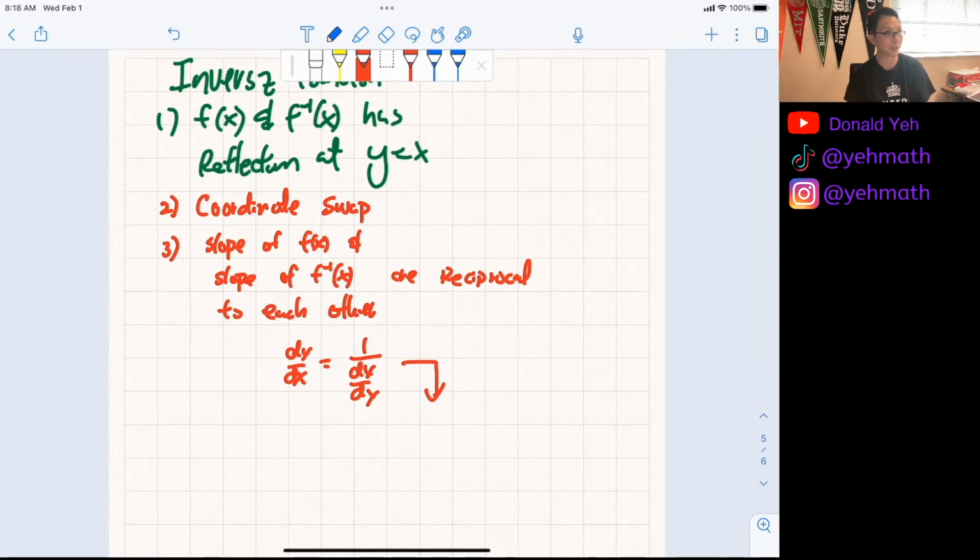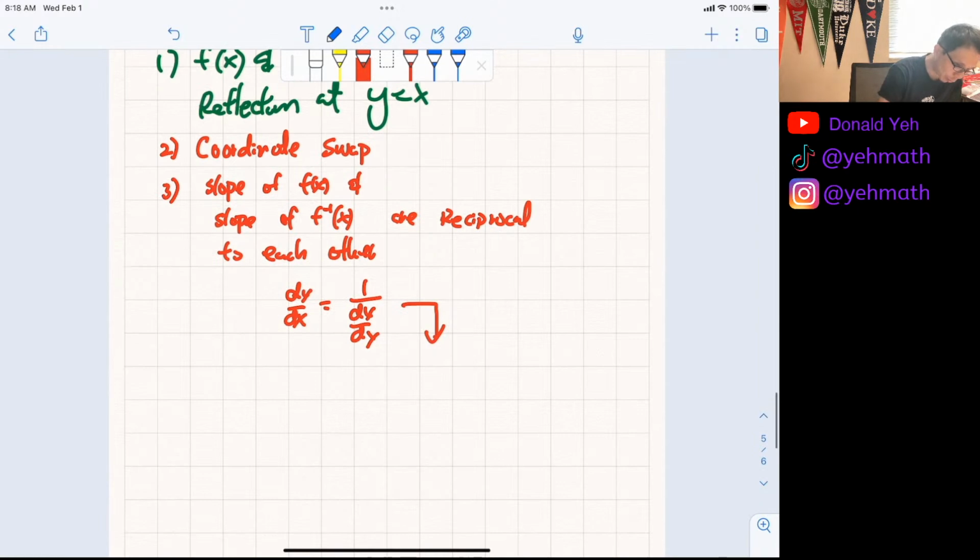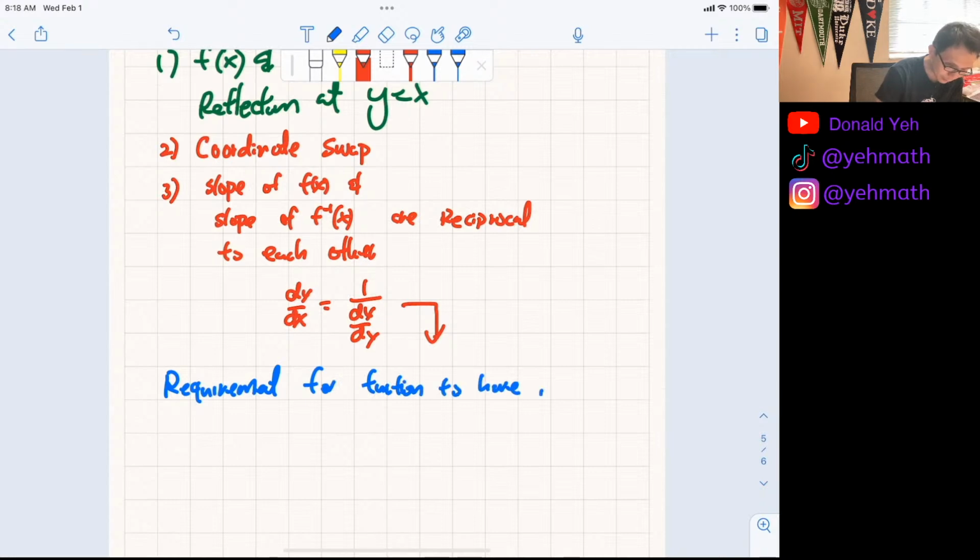I should have talked about this earlier. What's the requirement for a function to have an inverse? Do you guys remember?